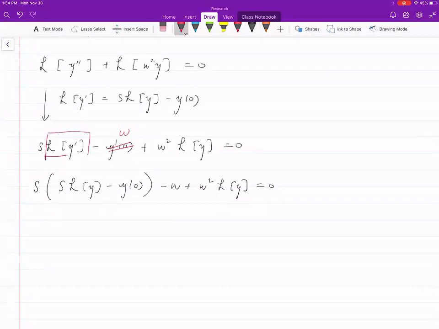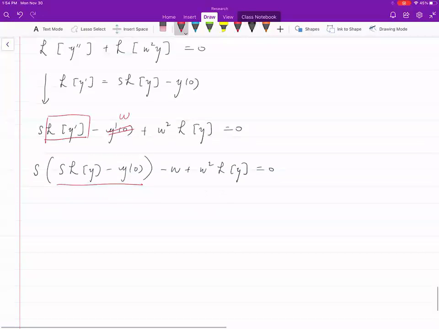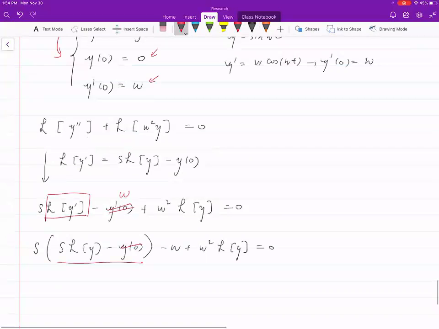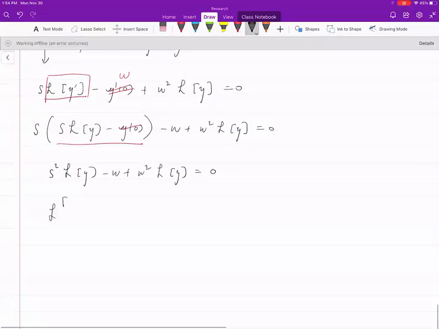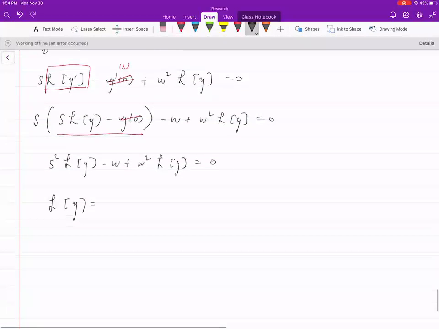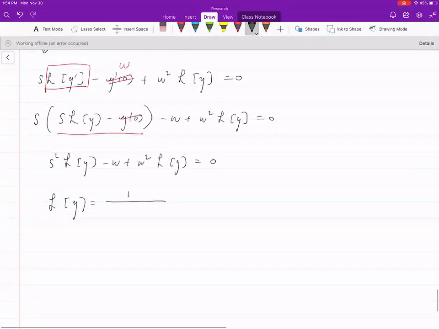Just for this part, which goes to this. And you know y(0). That's how you did it. It's 0. So s square Ly minus omega plus omega square Ly equals 0. This tells you Ly equals omega over s square plus omega square.